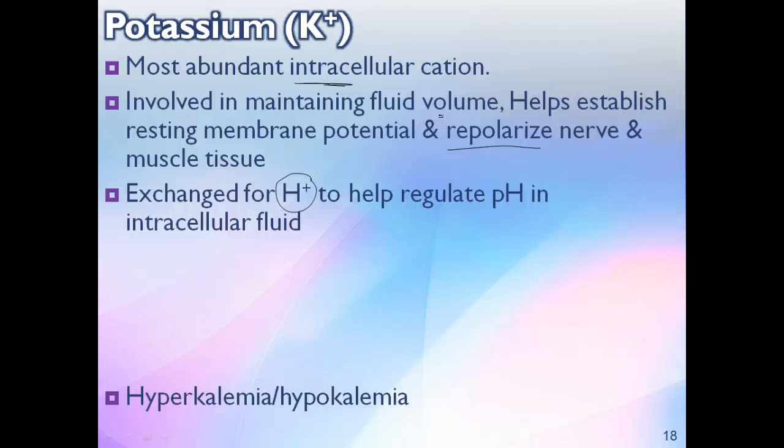Now, in this case, your abnormalities are hyper- and hypokalemia with a K. And remember, potassium is not meant to be found in the extracellular fluid, so its values are typically very low, between 3.5 and 5 milliequivalents per liter. Again, refer to table 27.2 for additional information about imbalances.